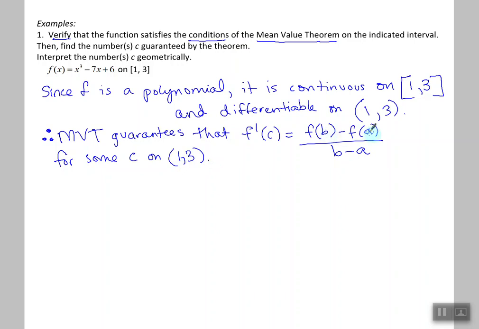Now, let's plug in the a and the b that were given in our interval. Also take the derivative of our function. F prime, looking at our function f of x, is 3x squared minus 7.